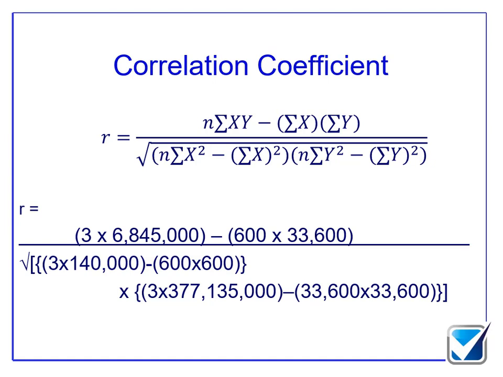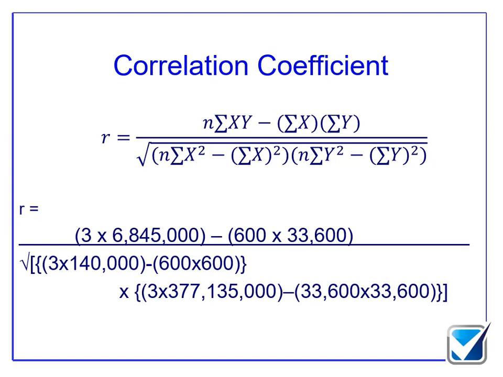We've got n, 3, multiplied by sum of x squared, 140,000, minus sum of x, 600, all squared. That then gets multiplied by n again, which is 3, multiplied by the sum of y squared, which I calculated as 337,135,000, minus sum of y, 33,600 squared, multiplied by 3 again.